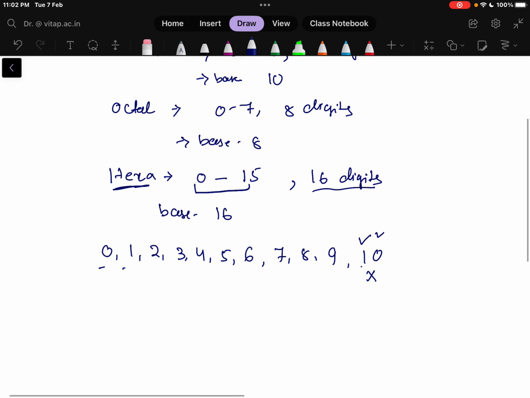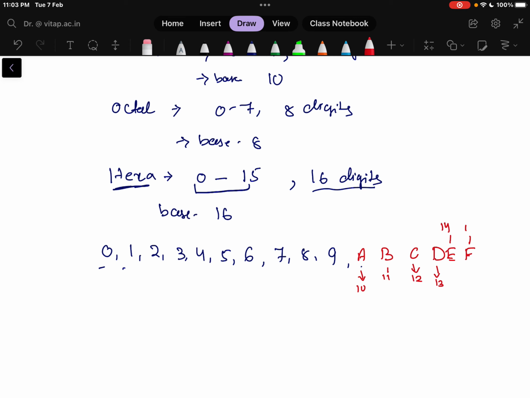So what is done for the hexadecimal number system? Instead of taking digits, some alphabets are taken, starting from A, B, C, D, E and F. A will represent 10, B will represent 11, C will represent 12, similarly D will be 13, E is 14 and F is 15.